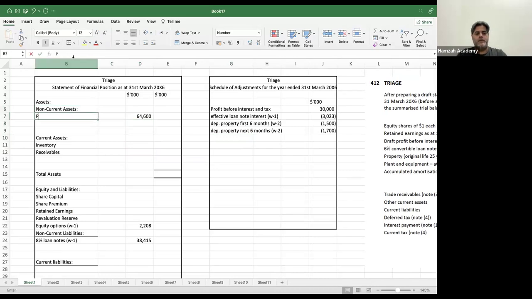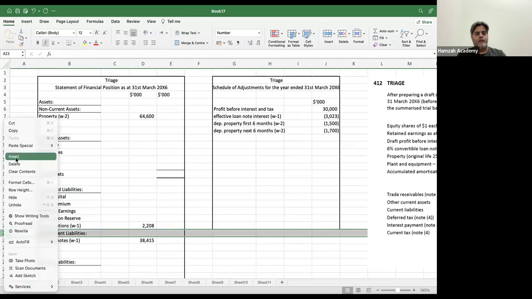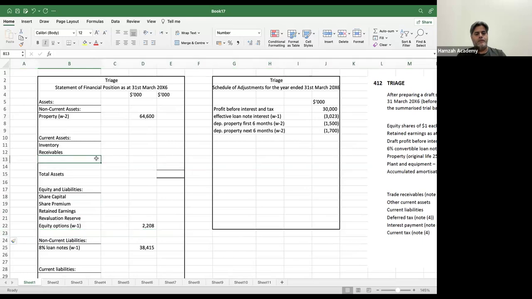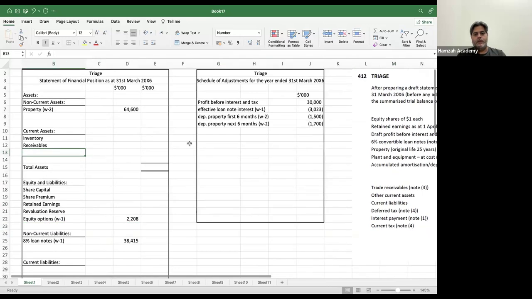Okay, this is going to be the property working 2. Okay, done. Done? Done.